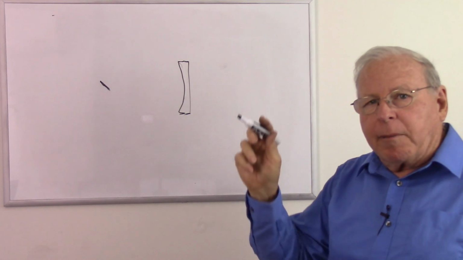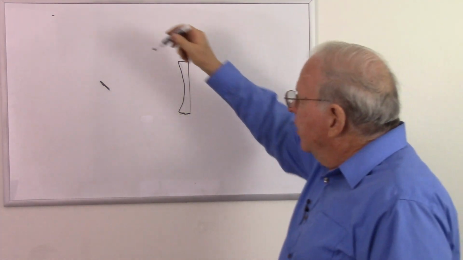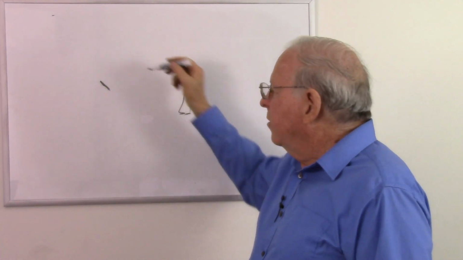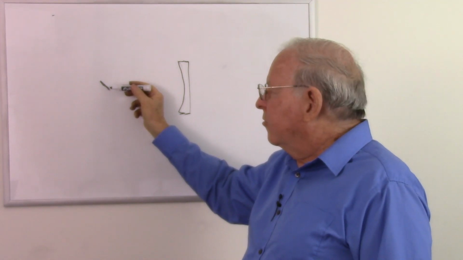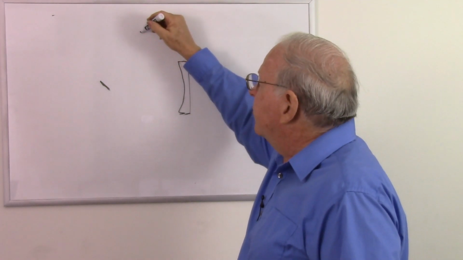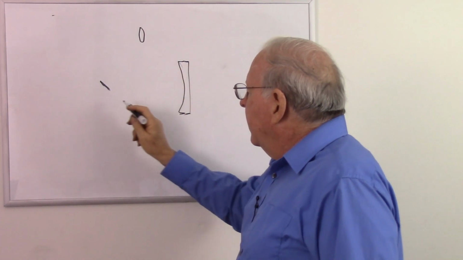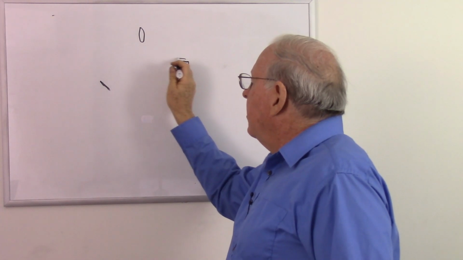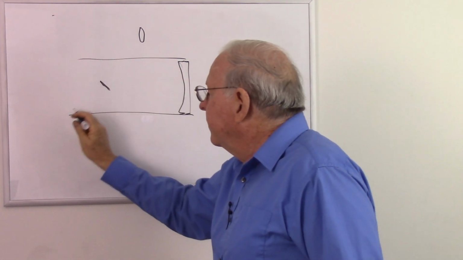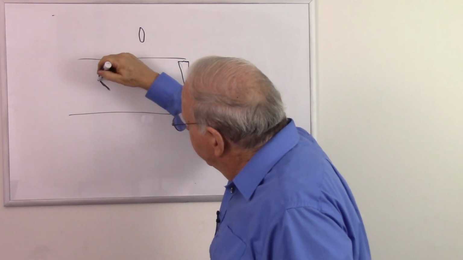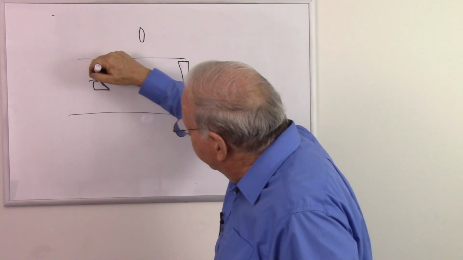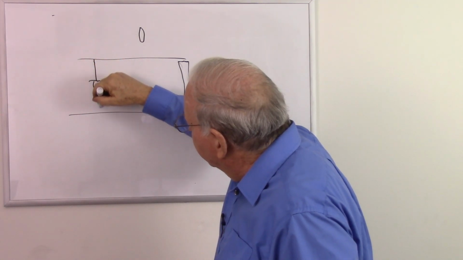That mirror will probably be elliptical in shape, so when we look at it from this direction it looks like a circle. Look at it from that direction it looks like a circle, but if we look at it from that direction it's an ellipse. And that's going to be mounted in a tube of some sort. And there's going to be some kind of a mounting apparatus here and some supports.